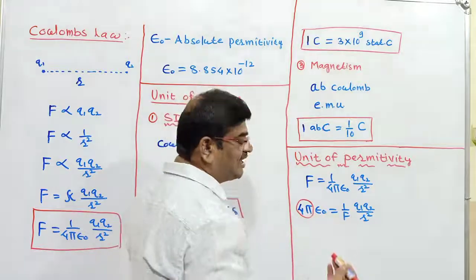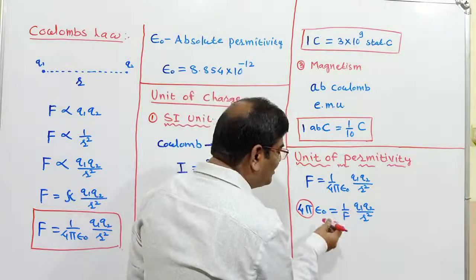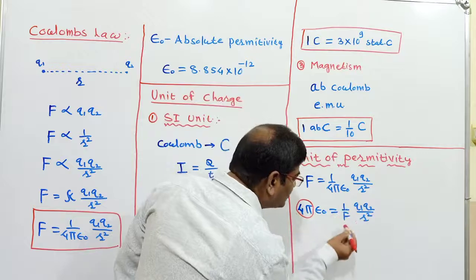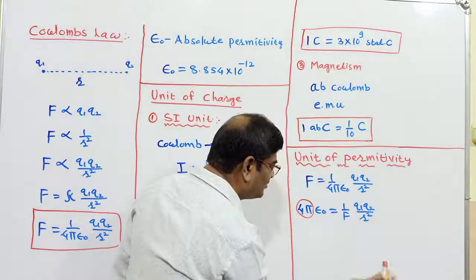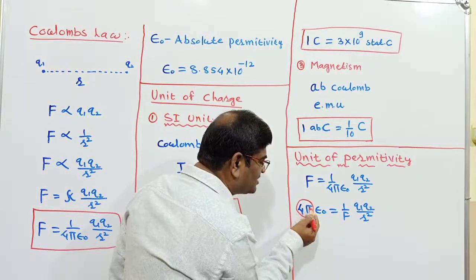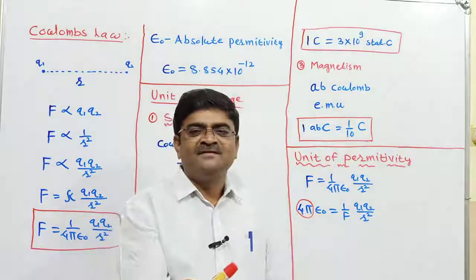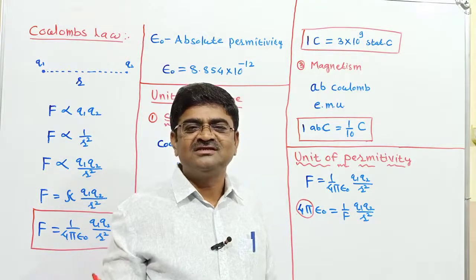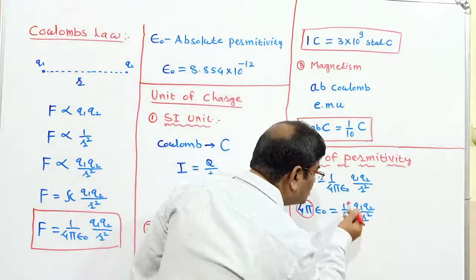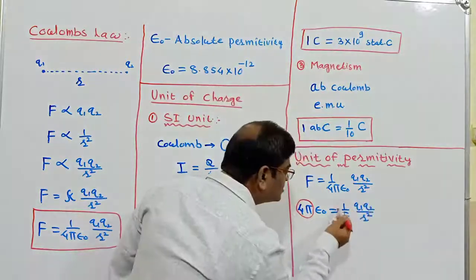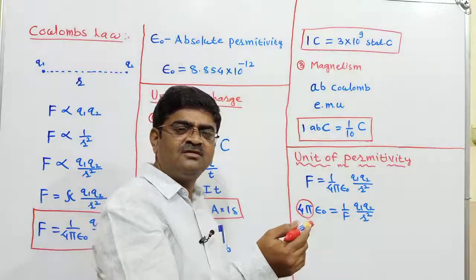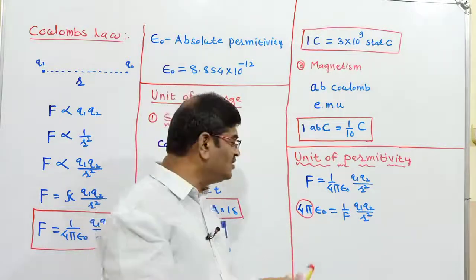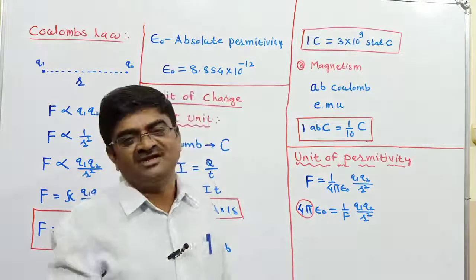So my focus has to be only on the right hand side, because on the left hand side, except for permittivity, the remaining terms are all dimensionless, unitless. So if I work out the unit of the right hand side, that is ultimately going to give me the unit of permittivity.